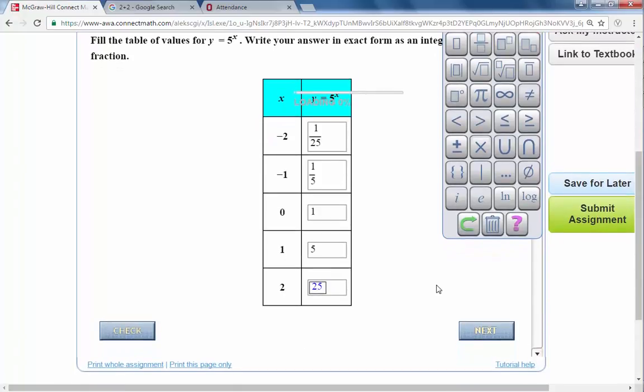Everybody knows 5 squared is 25, right? This is a no-brainer because I put 2 on top of 5 is 25. I put -2. How did it become 1/25?